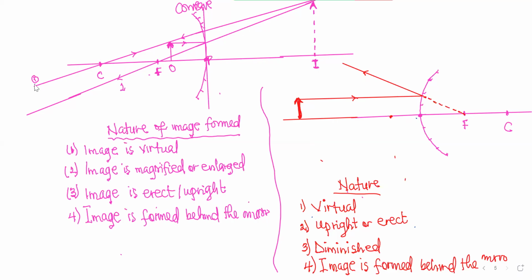Then a ray of light hitting the pole is reflected at the same angle. Let me redo it. A ray hitting the pole must be reflected at the same angle.